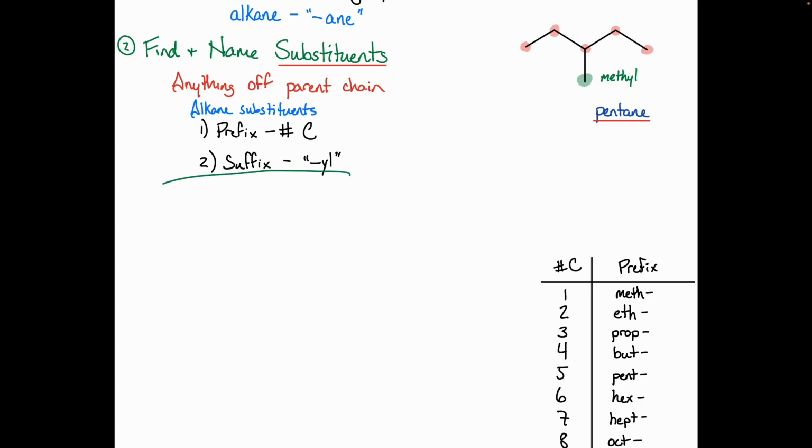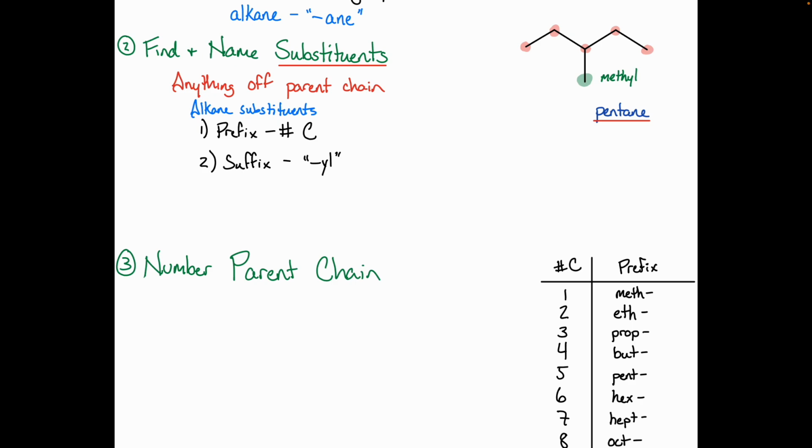I'm going to leave a little bit of room here to put some other substituents. We're going to go to step 3 here. Now we have to number the parent chain. I got to tell where that methyl group is in my molecule.